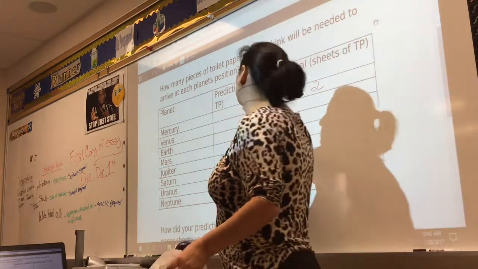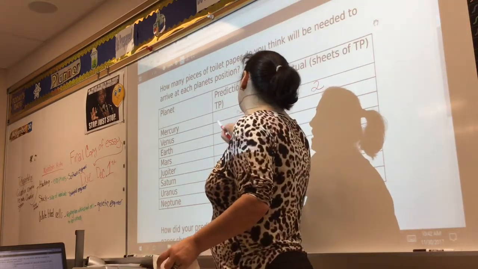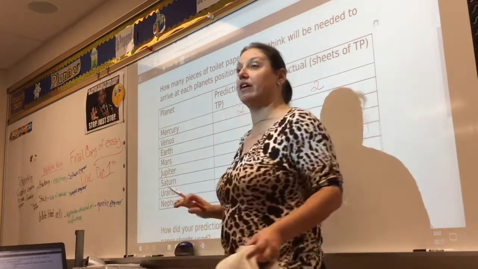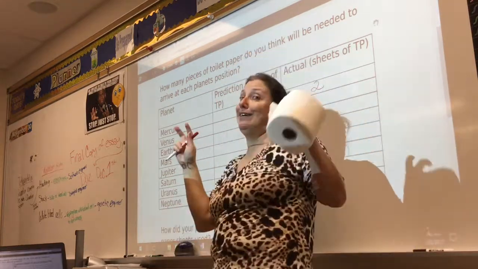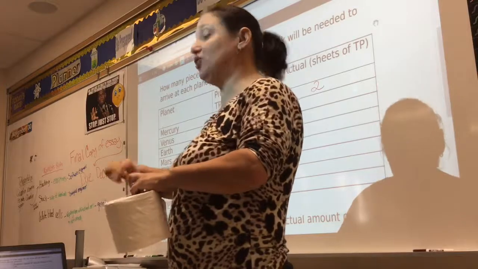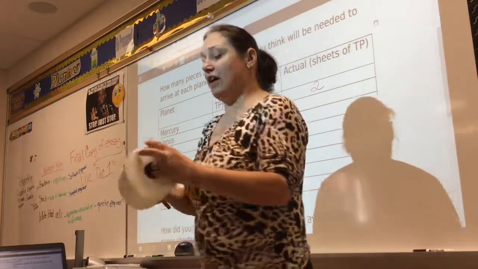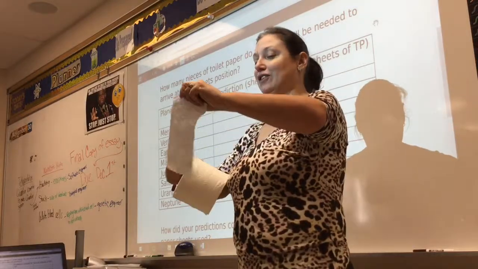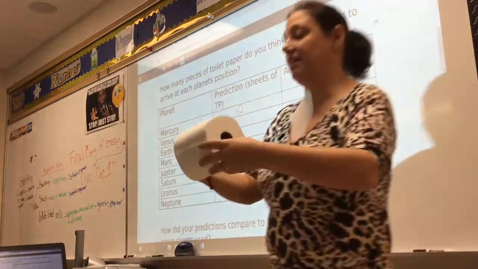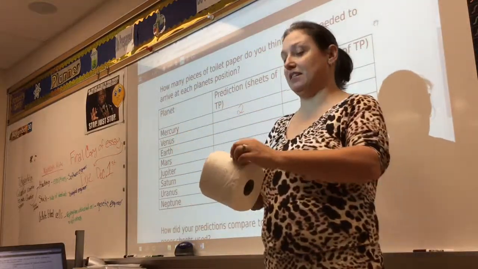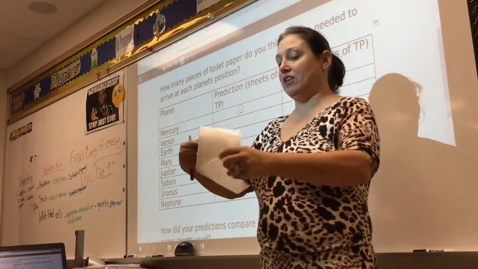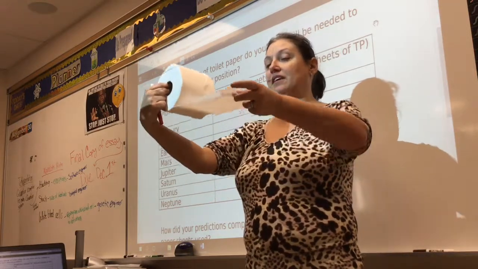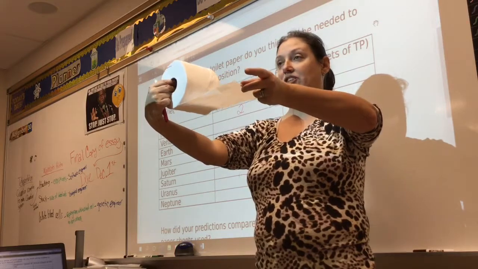I'm giving you Mercury so I can explain. So let's say Mercury needs 2 sheets. The distance from the sun to Mercury is about that much.